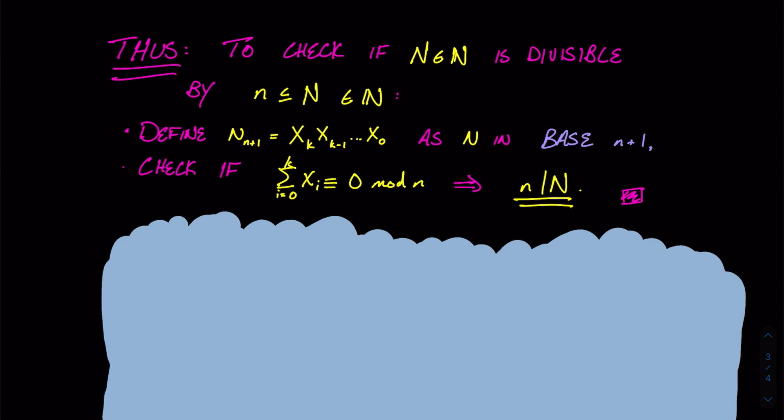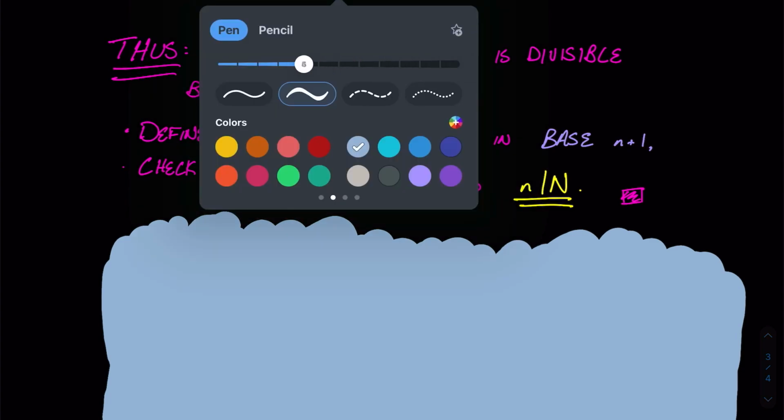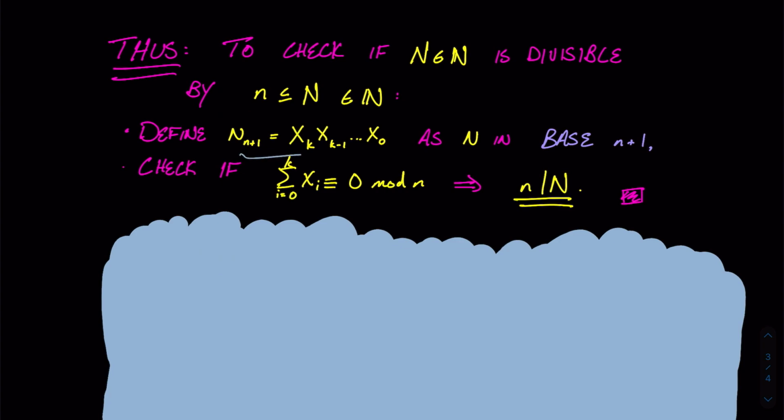Remember, this number here is in base n plus 1. Then, to check if our number big N is divisible by little n, we take the sum of the digits in base n plus 1 and check if little n divides that sum. If so, then we can say little n divides big N.